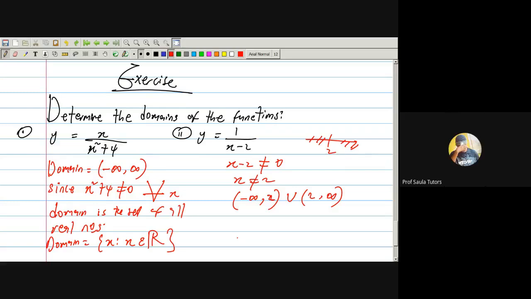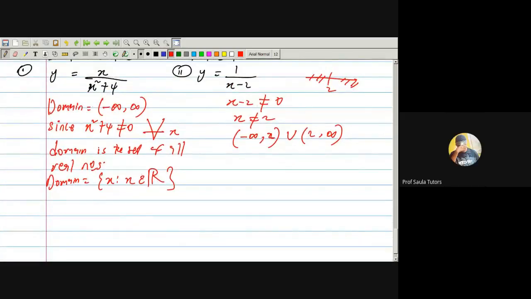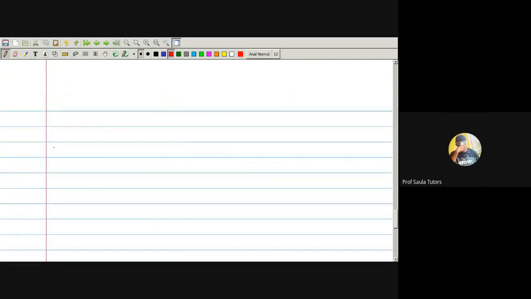Next is finding the range of a function, right? Let me go to the next page. Remember that if I say f of x equals y, I can also say f inverse of y is equal to x.